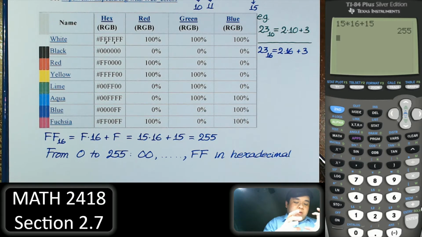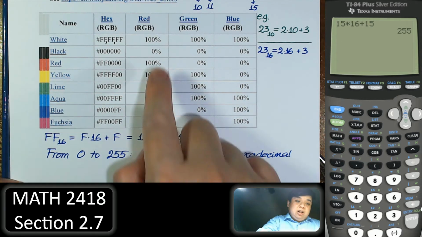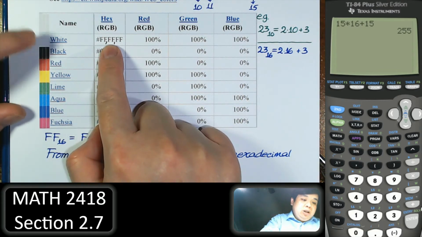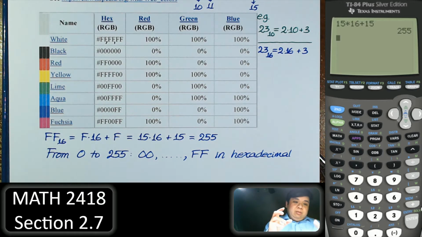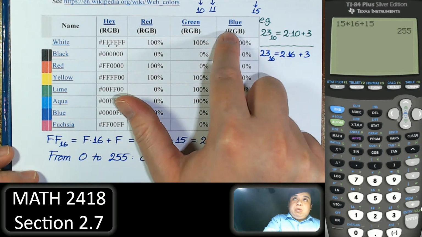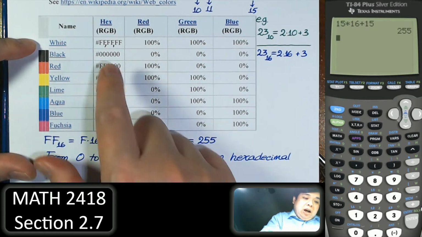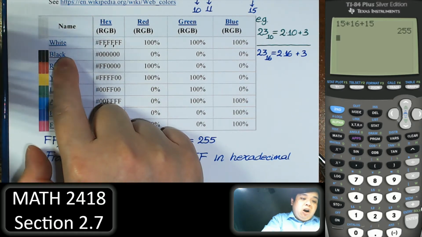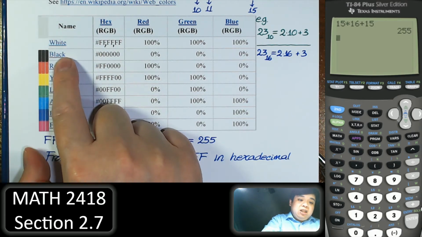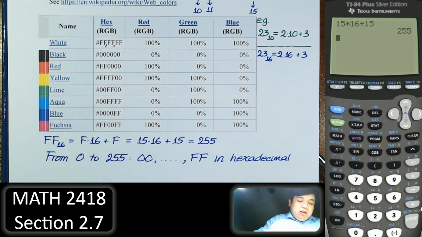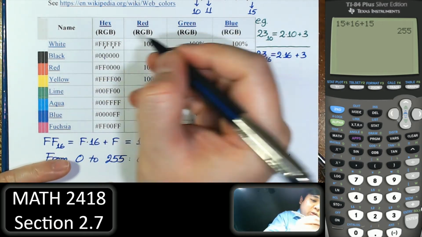So 100% of red, 100% of green, and 100% of blue all together give us white. In terms of black, which has no light, we have 0 for all three colors: red, green, and blue.